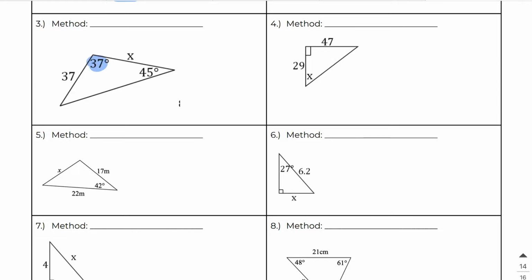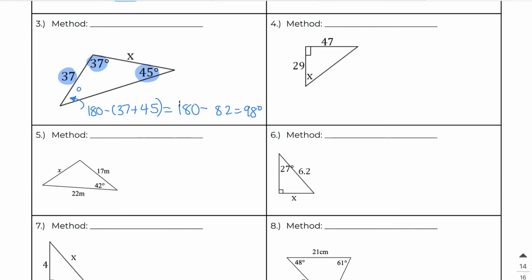2 angles right here, and I'm also given 1 side length. However, I need to do an intermediate step to find the third angle in a triangle. So I can actually find the third angle in this triangle first. It would be 180 minus 37 plus 45. So that would be 180 minus 82, so I would get 98 degrees.